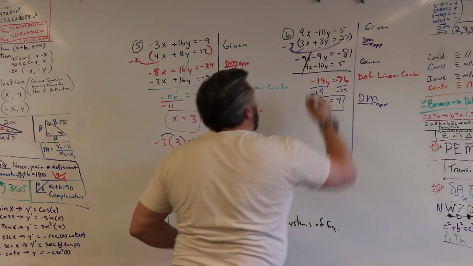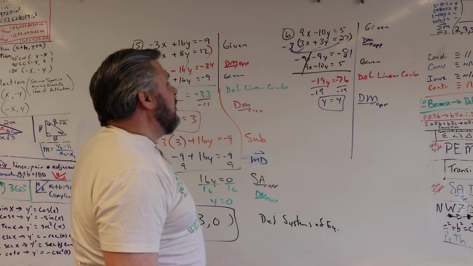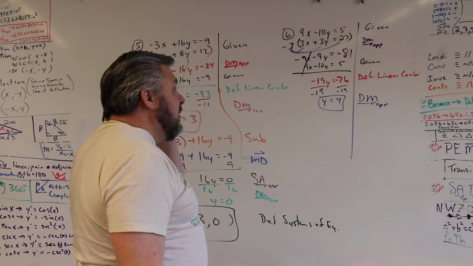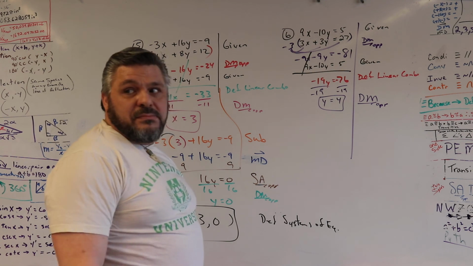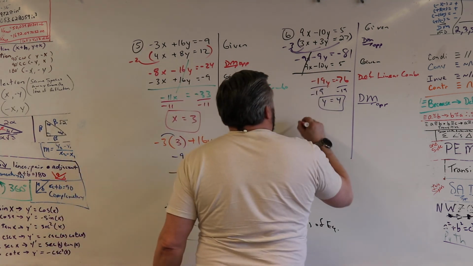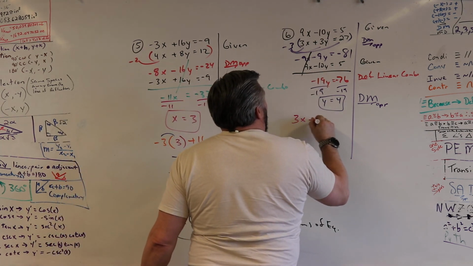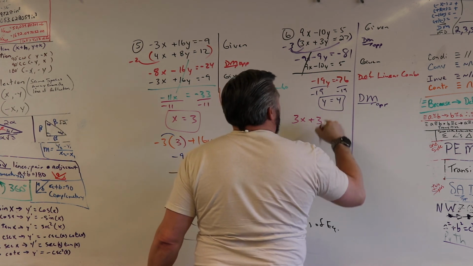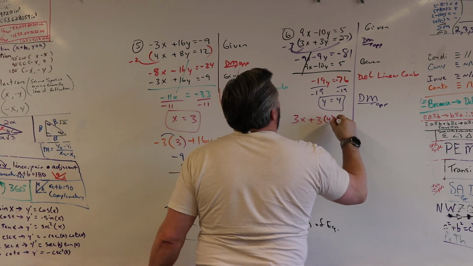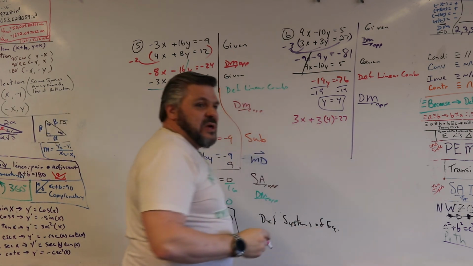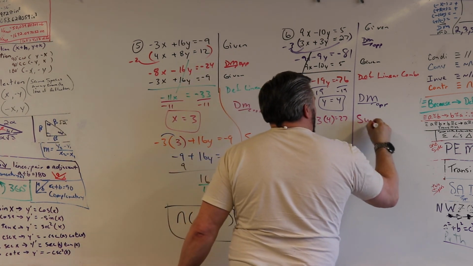Okay, so substitution. Which one do you want to use? 3 and 3 or 9 and 10? 3's? Okay, so 3 times x plus 3 times y, which is 4, equals 27. Right? And that's substitution.